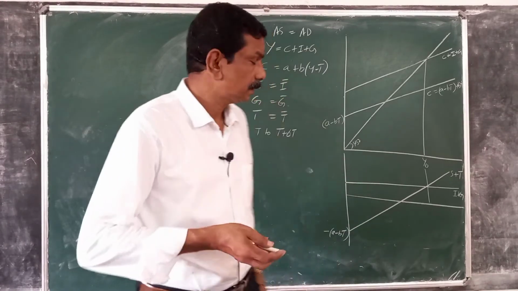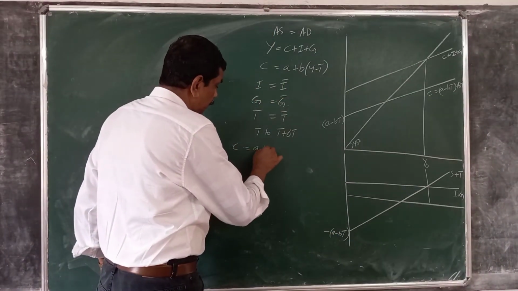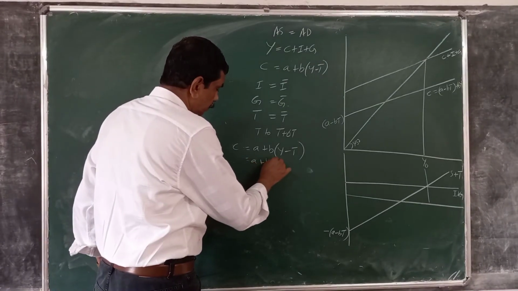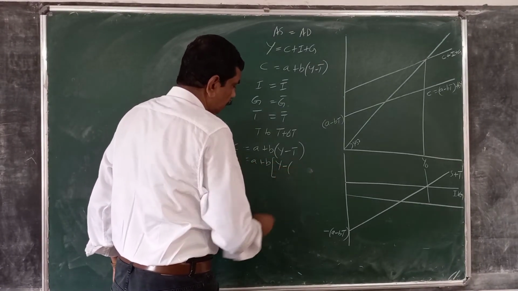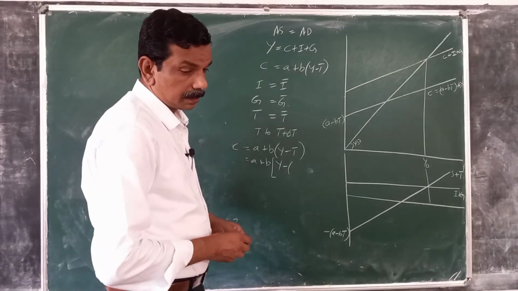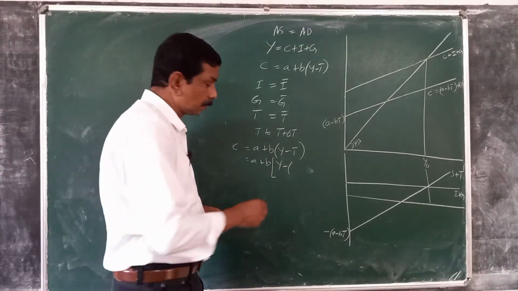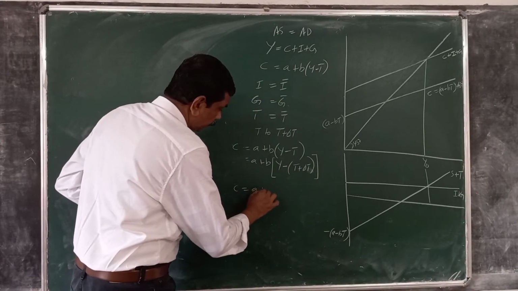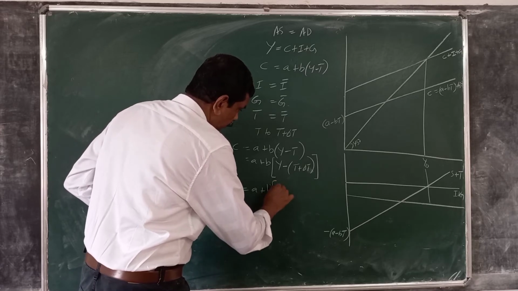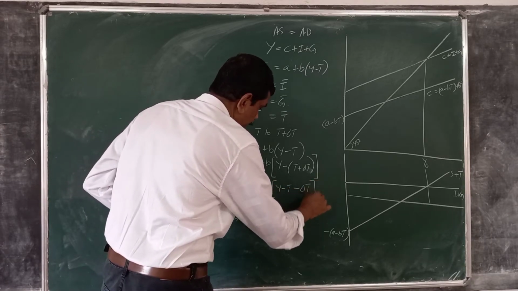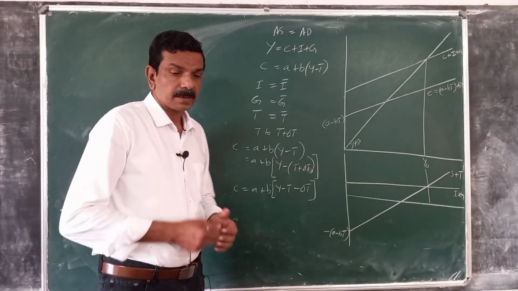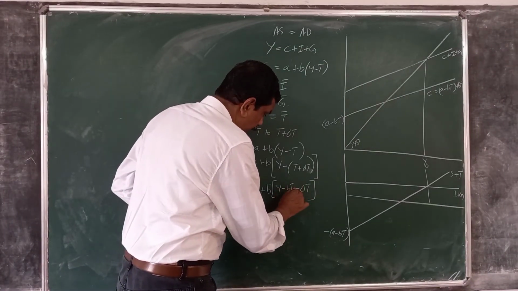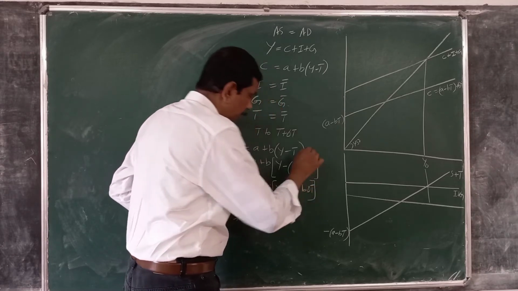The consumption function, now C is equal to A plus B into Y minus T, as we have seen, T plus delta T, is equal to A plus B into Y minus T minus delta T. So the new consumption function is A plus B into Y minus BT minus B into delta T.